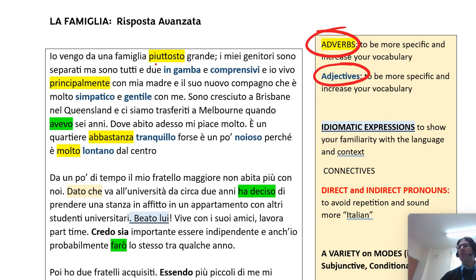Both those features show that you have a broad range of vocabulary, which makes your language more precise and to the point. Obviously, you can add adverbs and adjectives even once you have started to write your paragraph.